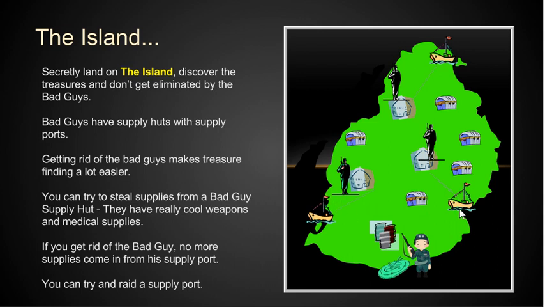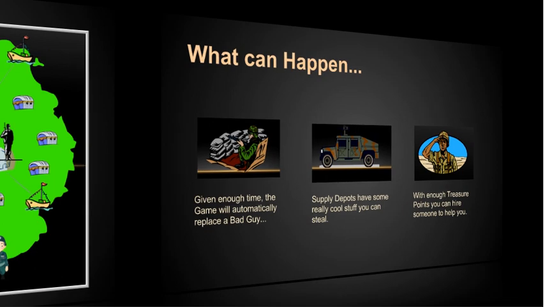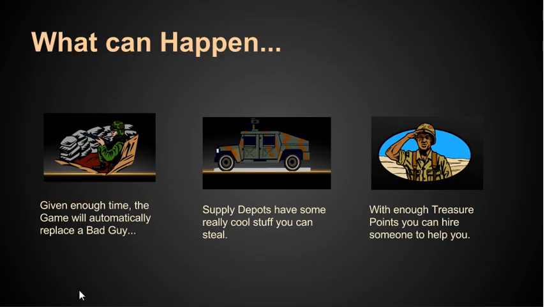But you can raid a supply port, going there before a bad guy gets there and getting the goodies the bad guy could have gotten for his supply place. What can happen? Given enough time, the game will automatically replace a bad guy. So the longer you hang out collecting treasure points, even though you got some of the bad guys, eventually a bad guy will be replaced by one of the ports.